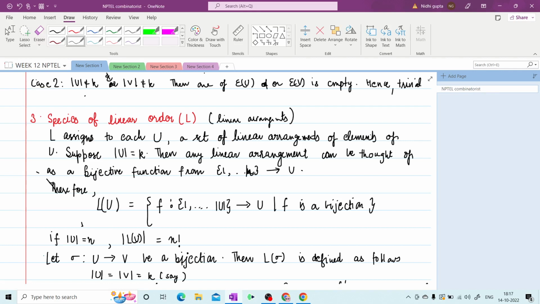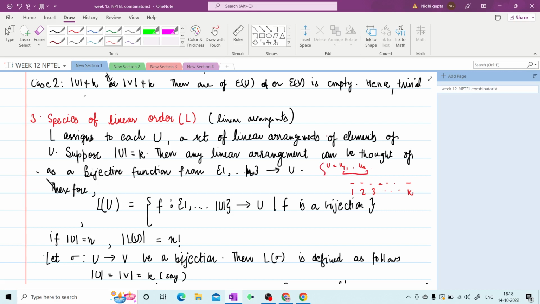By linear arrangement we mean that if U is equal to {U1, ..., UK} and we have k places, suppose 1, 2, 3, 4 till k, then by linear arrangements we mean arranging these elements U1 to UK in these seats.